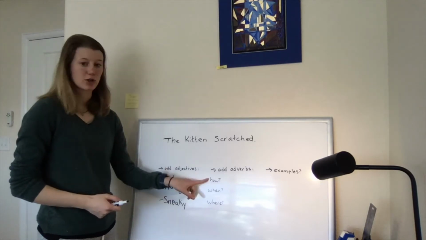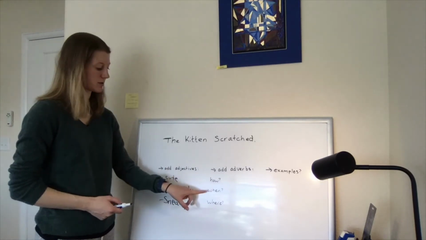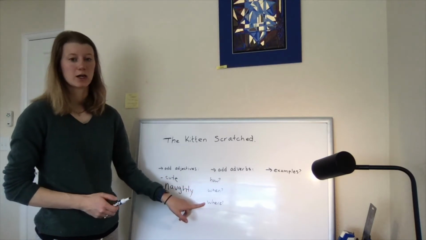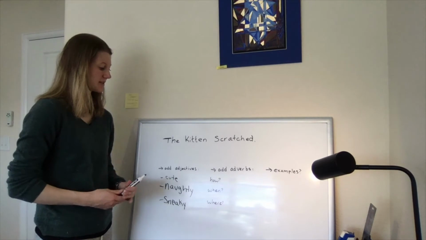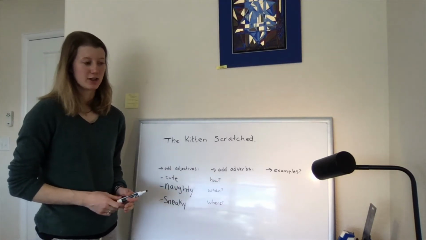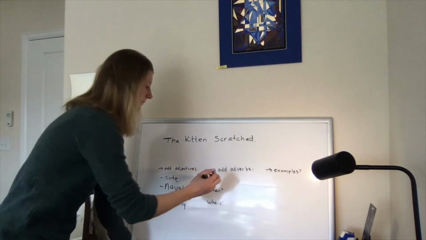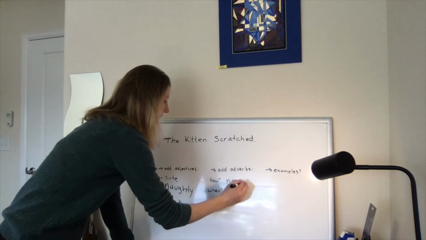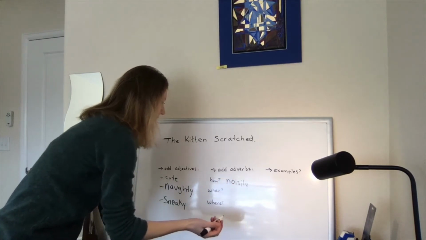There are adverbs that describe how, there's adverbs that describe when, and there's adverbs that describe where. Okay? So we can ask ourselves, how did the kitten scratch? The kitten scratched noisily. I don't know if I spelled that right.